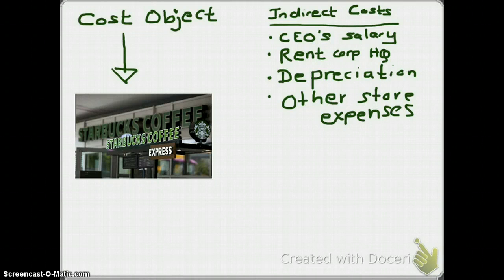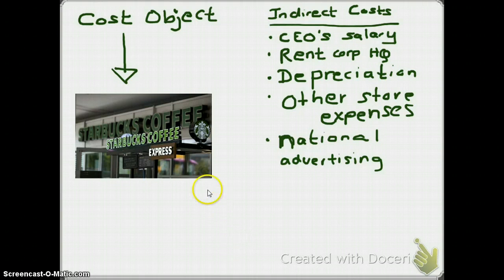So, any other retail stores, let's say you've got one retail store in Louisville, Texas, but the retail store in Corinth, Texas, those expenses would be indirect costs if we're taking the Louisville Starbucks store as our cost object. Also, any national advertising campaigns that you do, the cost of those would be considered indirect cost for our particular retail store.